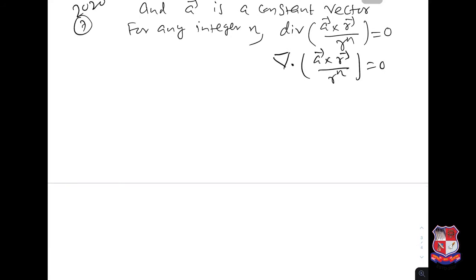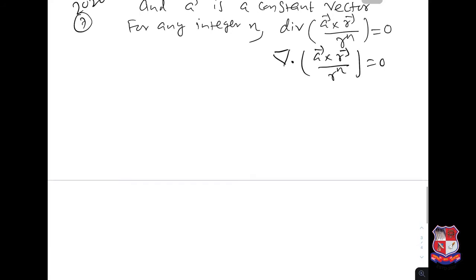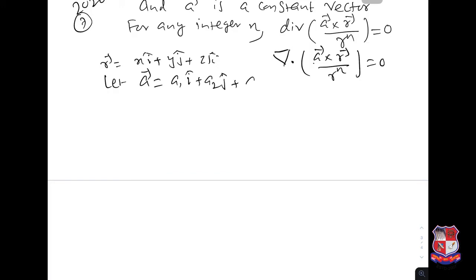So now, first of all we need A cross R. A is a constant vector. R vector we know is xi plus yj plus zk, and let A bar, a constant vector, be a1i plus A2j plus A3k.